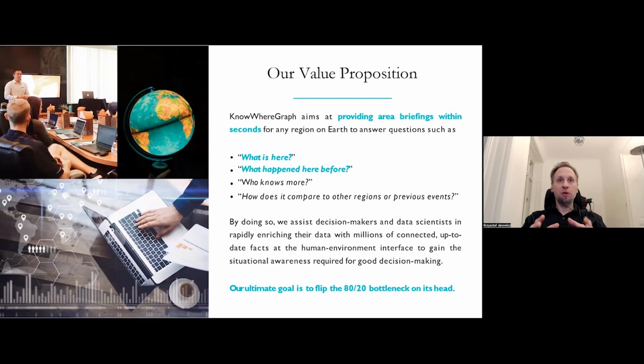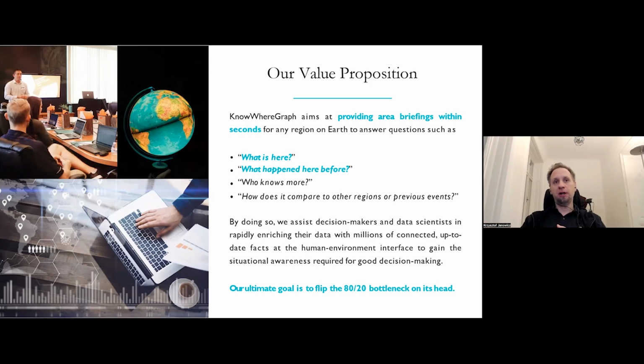So what is it that we are doing as part of trying to address this data acquisition bottleneck problem? What Nowhere Graphs try to do is provide area briefings for any place on Earth within seconds to be able to answer questions like, what is here, what happened here before, who knows more about a certain area or certain events, and especially also questions like, how did this event play out in one region and why did it play out differently, for instance, in a neighboring region?